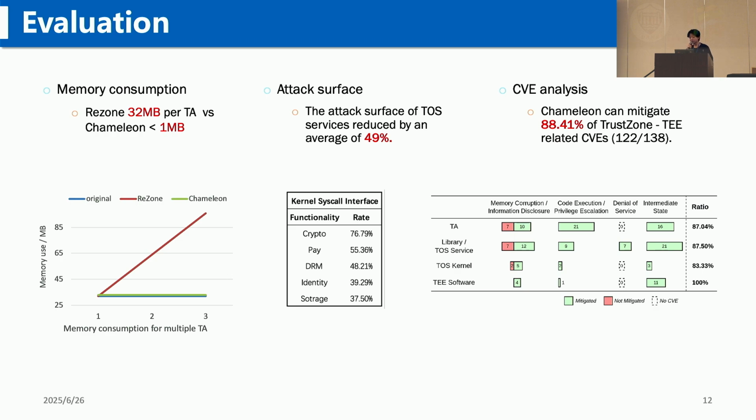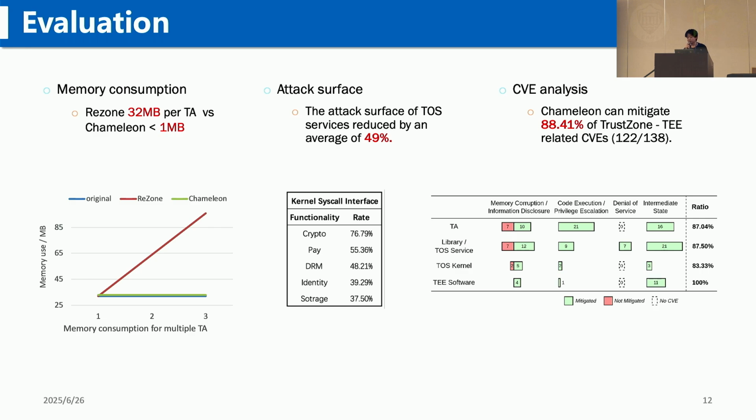Our system significantly reduced the memory overhead compared to the existing entire TA instance method. For example, in RedZone, each TE instance requires 32 MB of memory, but our system adds only a minimal memory overhead, less than 1 MB.